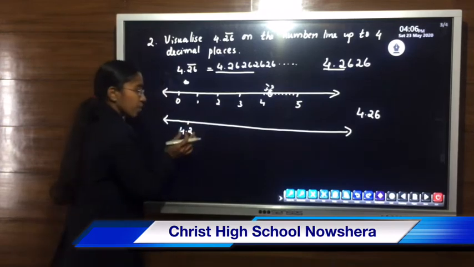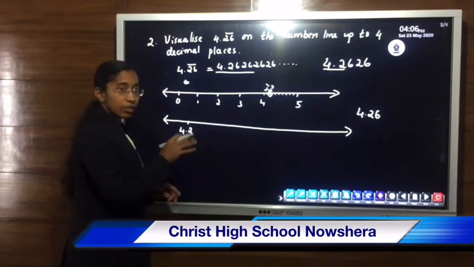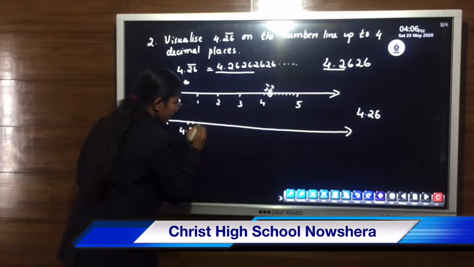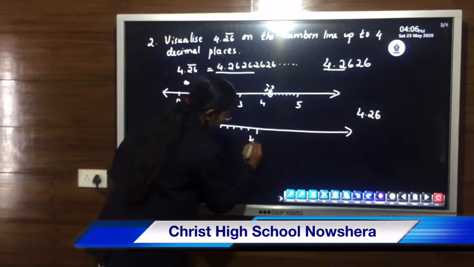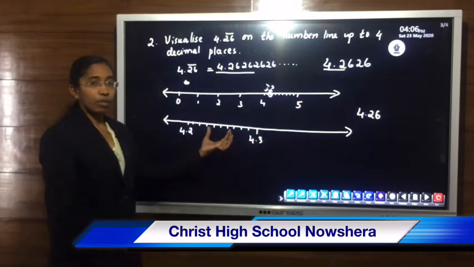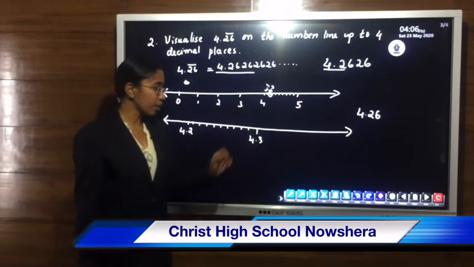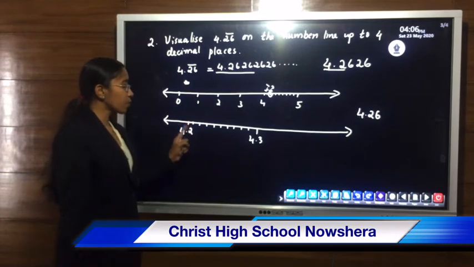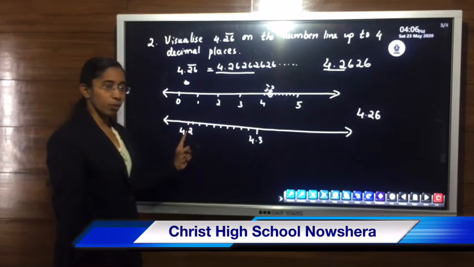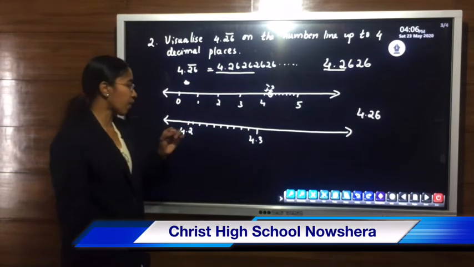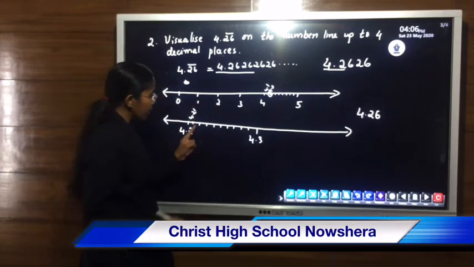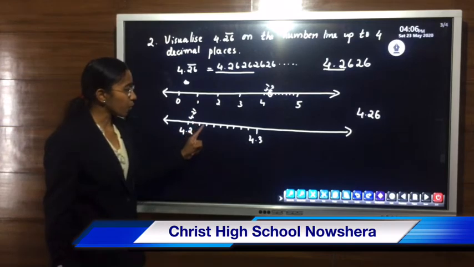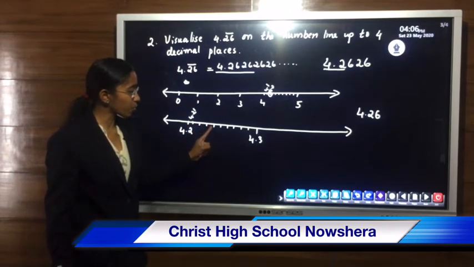So let's draw another number line with 4.2, and here also we divide into 10 equal parts between 4.2 and 4.3. The first point on the right side of 4.2 is 4.21. So here we write 4.21, 4.22, 4.23, 4.24, 4.25, 4.26.